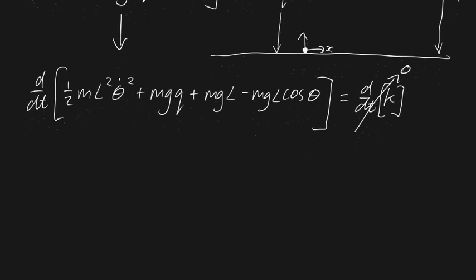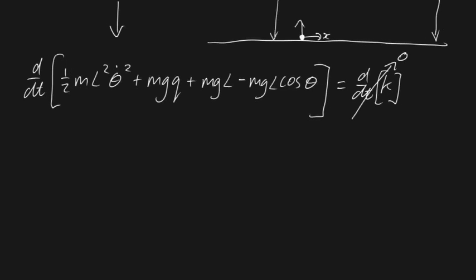The derivative of anything constant is 0. So that would imply that the left-hand side now is just going to be equal to, well, what's it going to be?